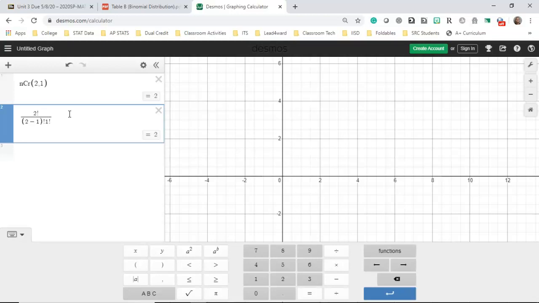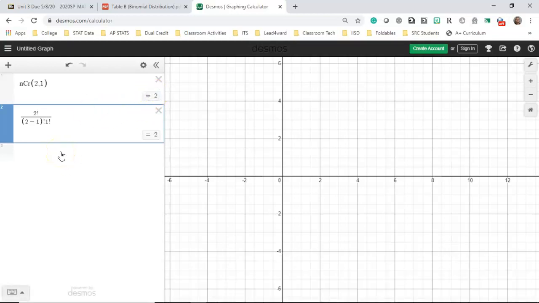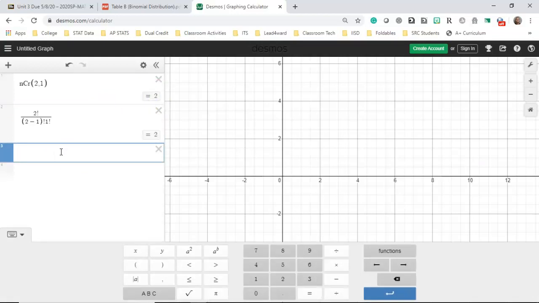So that's the same calculation, which is 2, and we need that value so we can calculate the probability. So I know that 2 times 0.30 raised to the first power, times 0.70 raised to the first power is 0.42.